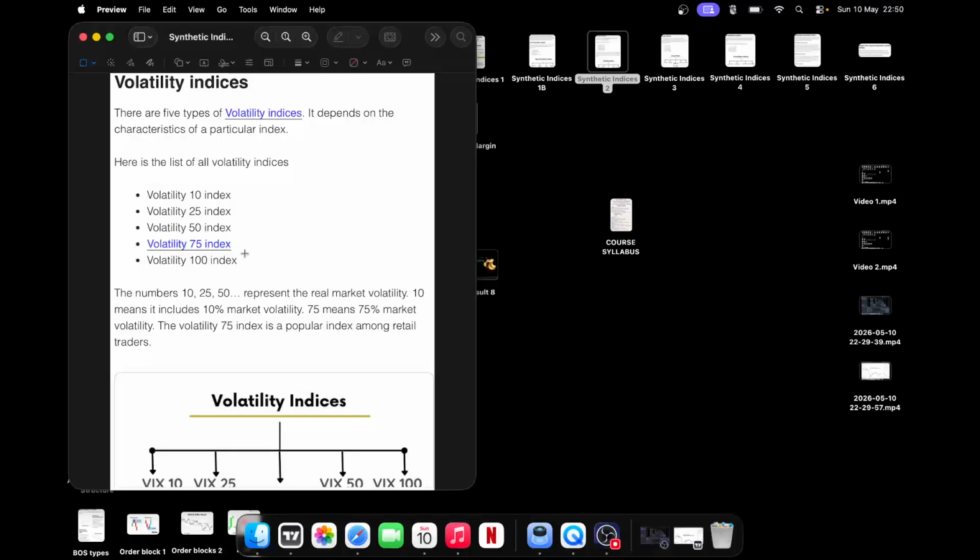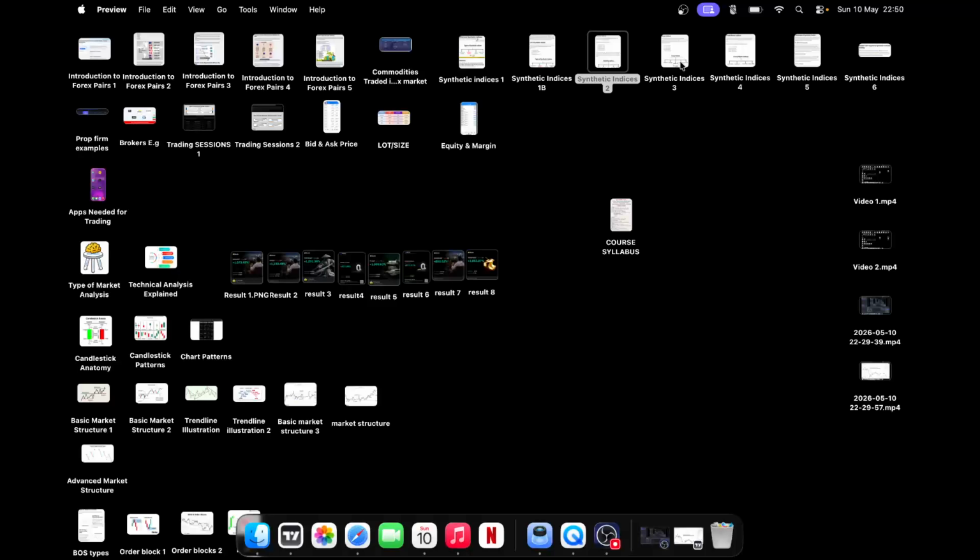What it means is that they represent the real market volatility. Volatility 10 means it includes 10% of market volatility. Volatility 75 index means it includes 75% of market volatility. But it is Volatility 75 index that people trade most, by the way. You understand? So you can choose any one, just master it.